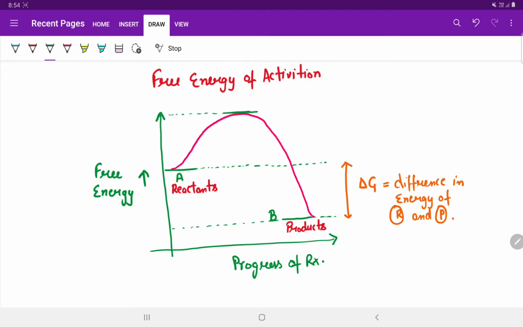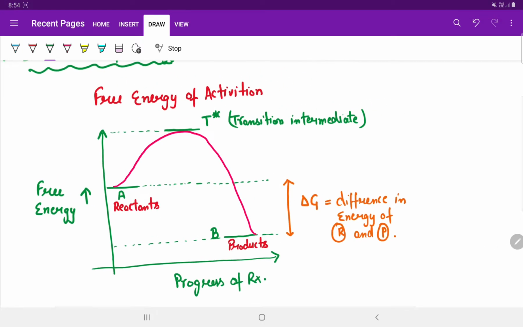We can see that this is the transition state, or the transition intermediate, and usually this occurs in an uncatalyzed reaction.